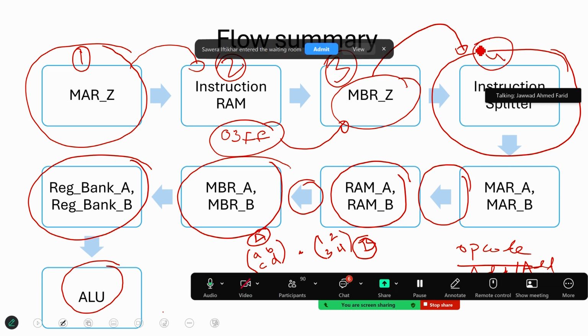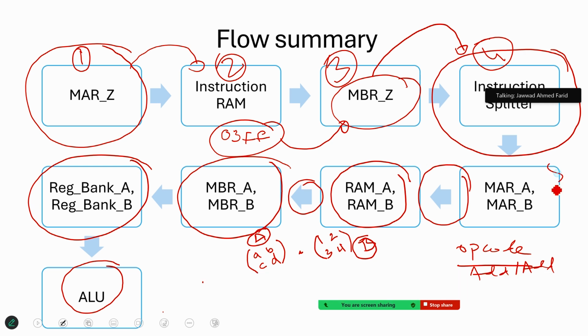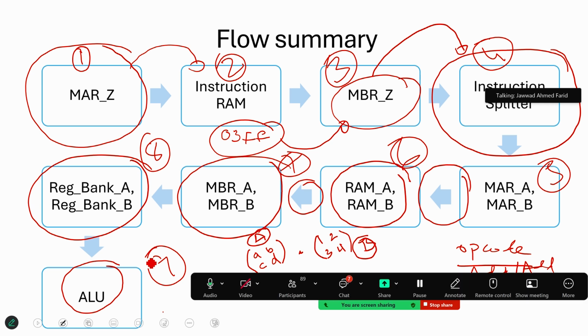How do you go from the instruction splitter to the MAR? That's the fifth clock cycle. How do you go from the MAR to RAM A and B? That's the sixth clock cycle, and then the seventh, the eighth, and the ninth clock cycle. So now it's taking me 9 clock cycles to move data from my RAM to the adder or multiplier or ALU that will do some kind of logical or mathematical operation on the data that I've fetched.